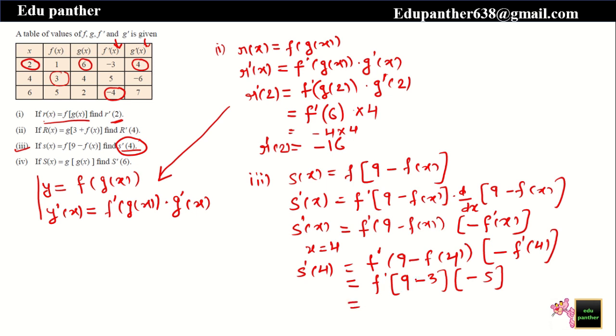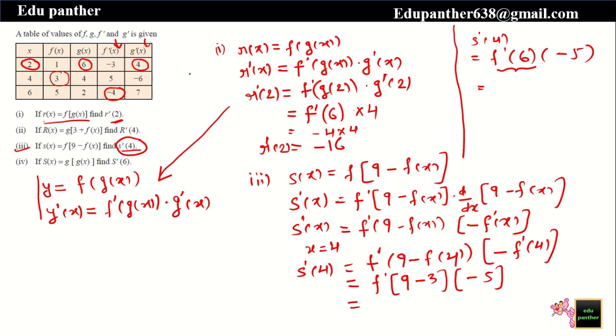Now see inside this bracket, first we have to take the difference and then take the value. So I'll write that here. So your s dash of 4 is f dash of 9 minus 3, which is 6, into this minus 5. Now we have to take the value of f dash of 6 from the table and then multiply this with minus 5.